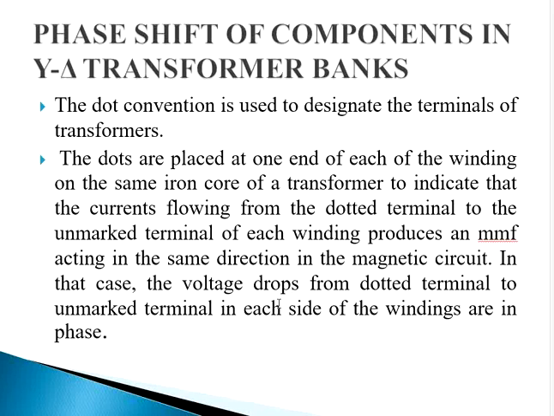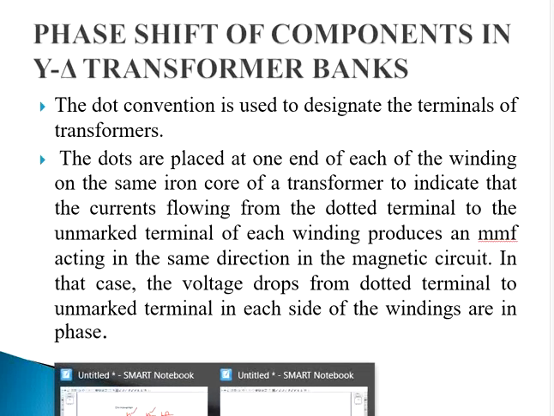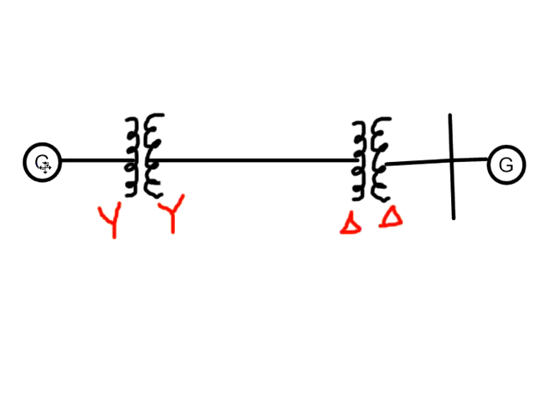Now before going to this, let us say there is a generator and one more generator here. The generator may be a load also, you can consider. Now if it is star star or delta delta, no issue. Both the primary and secondary will have the same phase shift.